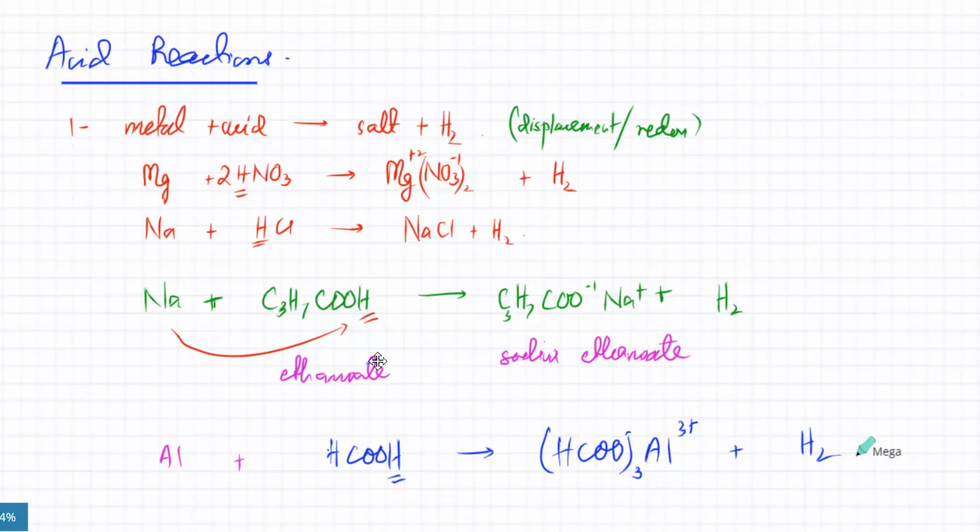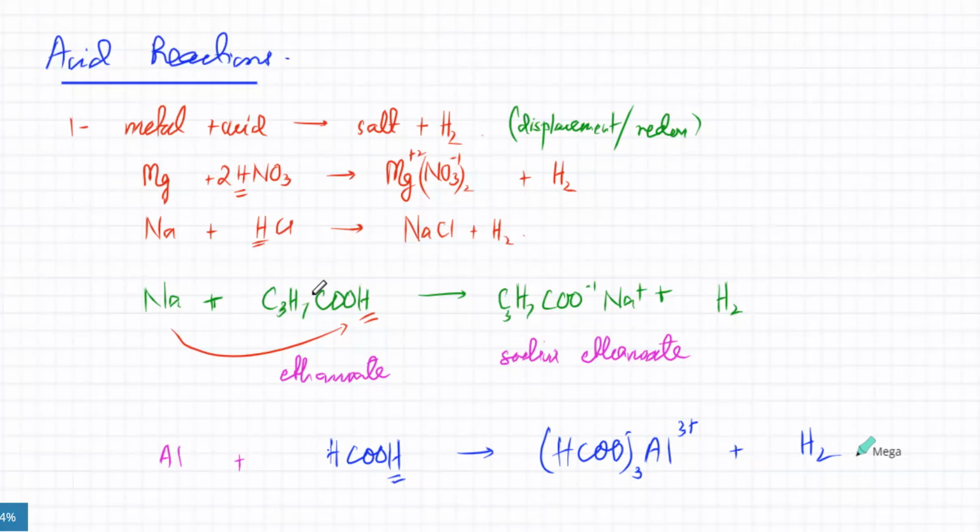Always remember that whenever you have a metal plus acid reaction, what you get is a salt plus H2 gas. The metal always goes and knocks out the H, which results in the formation of H2 gas. Na goes and knocks out the H, forms NaCl, and the H2 gas gets knocked out.